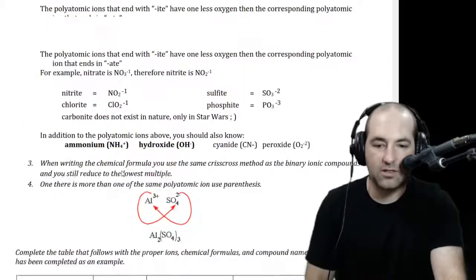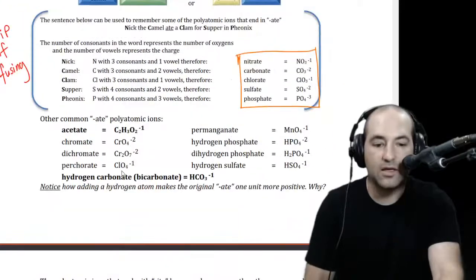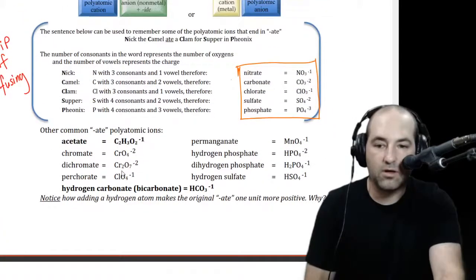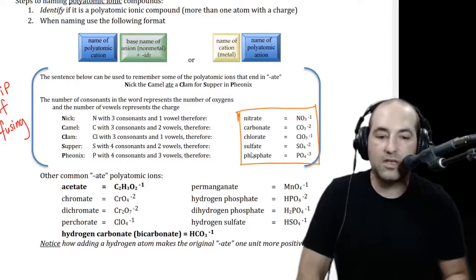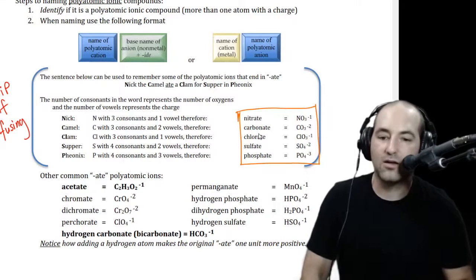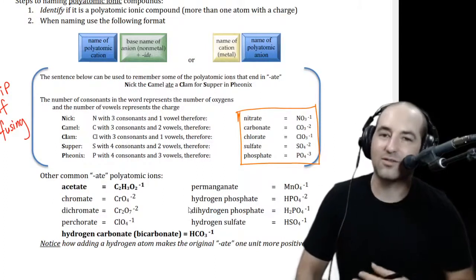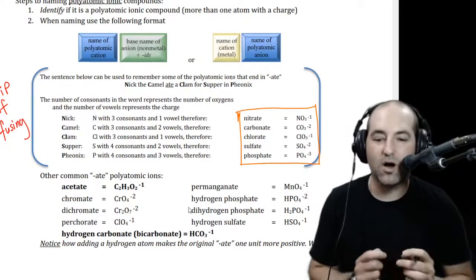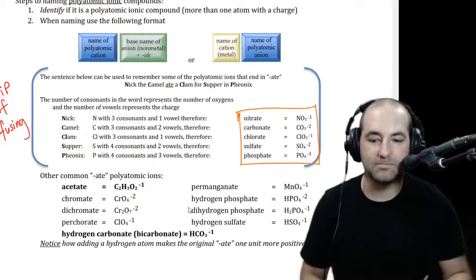It's a good time to say also that this is a common problem with polyatomic ions, especially for people like if English isn't your first language. Some of these names are very similar to the monoatomic ion. So like nitrate and nitride, and there's also a nitrite. So very small differences in letters actually mean a totally different ion.